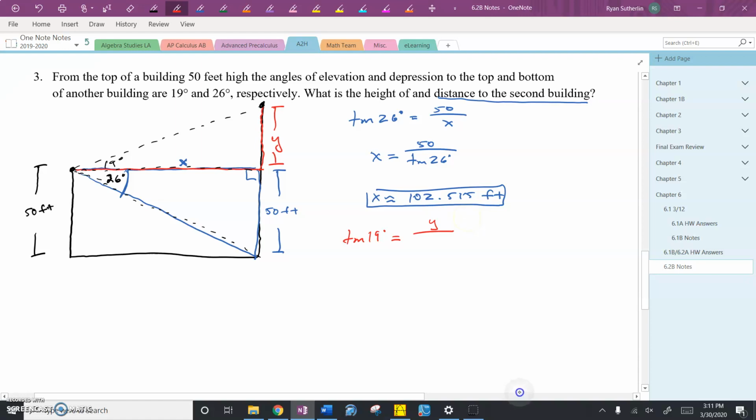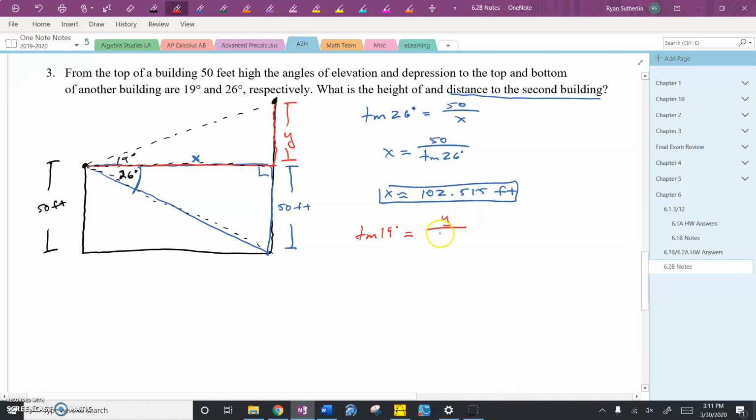So I am going to go ahead and type in 50 over tangent of 26 degrees here, because that's exactly what x is. So y is 50 over tangent of 26 degrees times tangent of 19 degrees, and I get y to be approximately 35.299 feet, which means the height of the building is 85.299 feet.